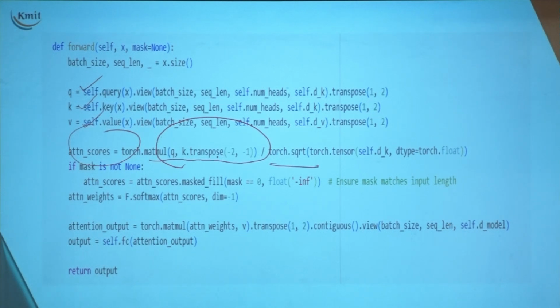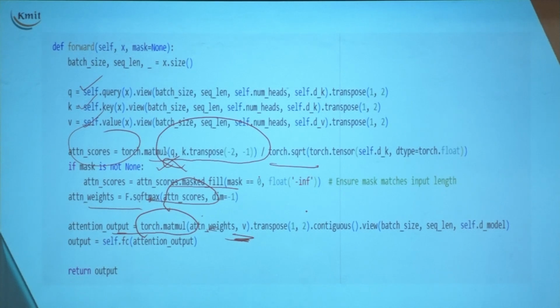After this, I don't use masking. I apply softmax of the attention scores, softmax of QK transpose by square root of dk. And then I calculate the final output. What is the final attention output? Matrix multiplication of the softmax of QK transpose by dk, which is the attention weights, into V. Are you all clear with this?